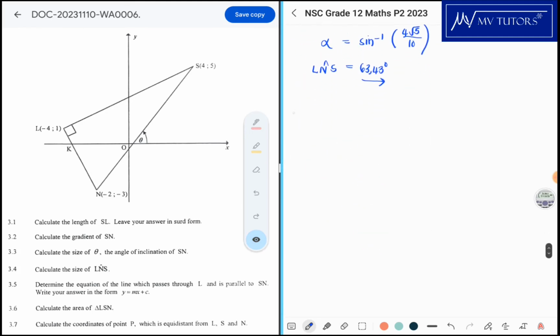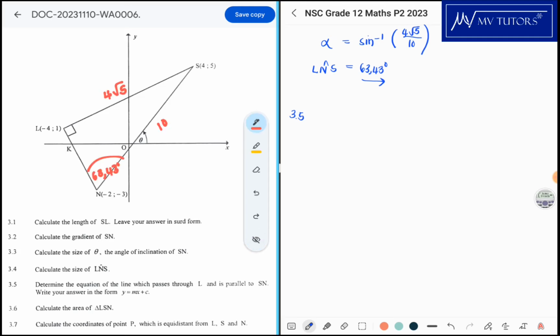Now 3.5. It says determine the equation of the line which passes through L and is parallel to SN. Write your answer in the form y equals mx plus c. That's quite interesting.